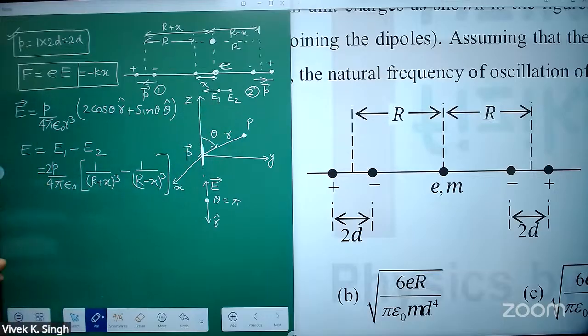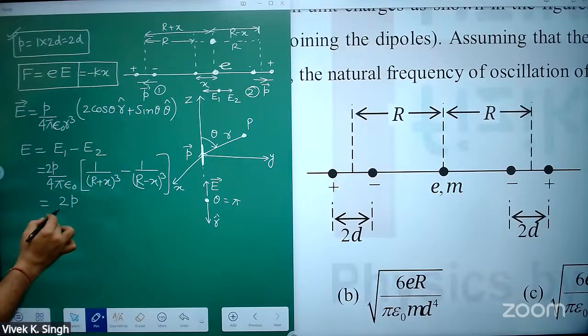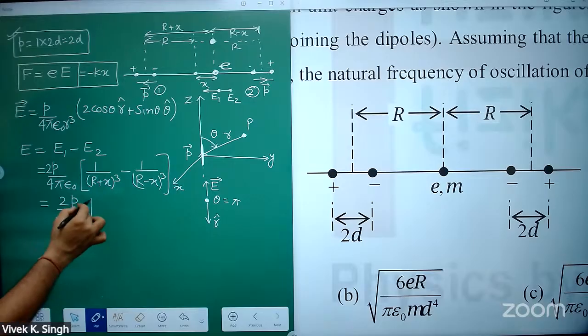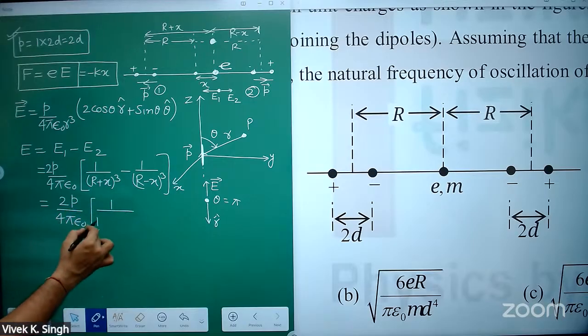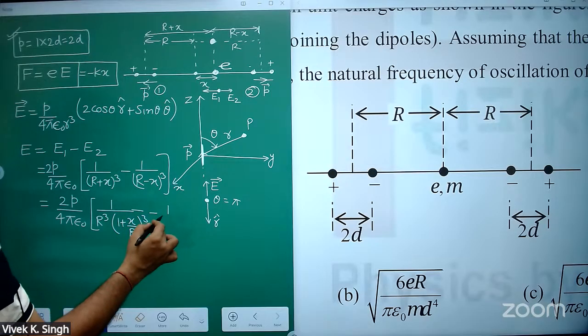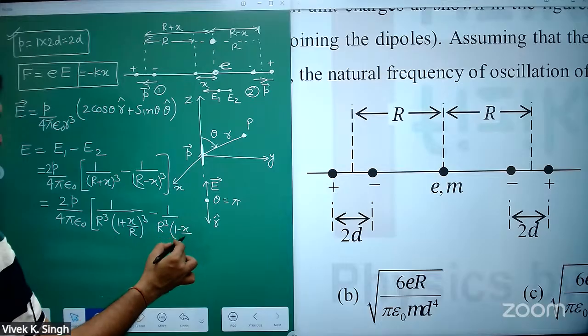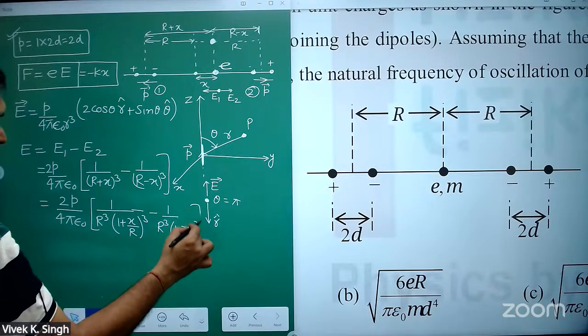So let's calculate this value. This will be 2P, because theta is pi, so you will get only this term. The other term will be 0. So this is 4 pi epsilon naught, and if you take r cube common, and this x is very small, you get 1 by r cube times (1 plus x by r) whole cube, minus 1 by r cube times (1 minus x by r) whole cube.